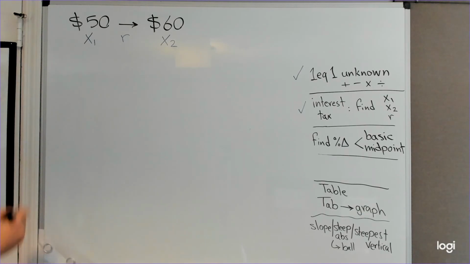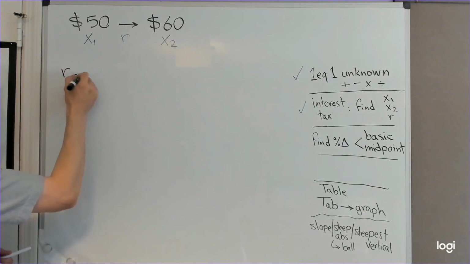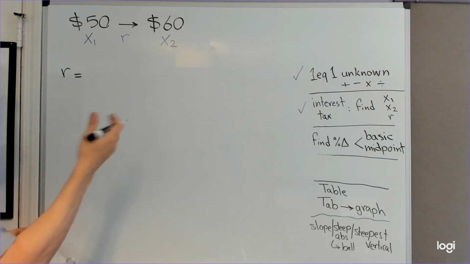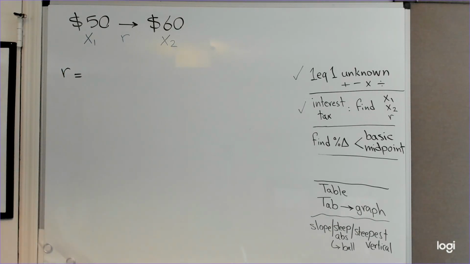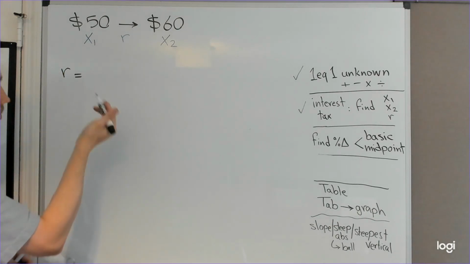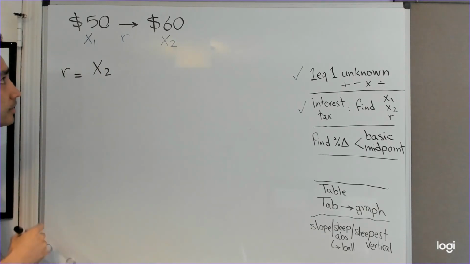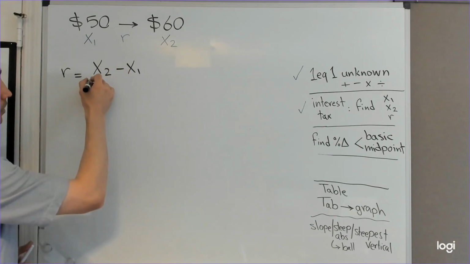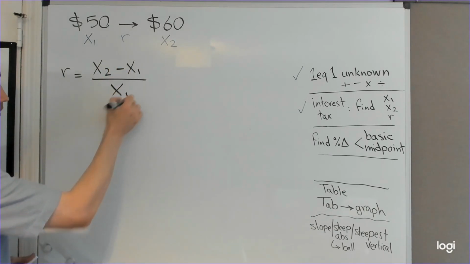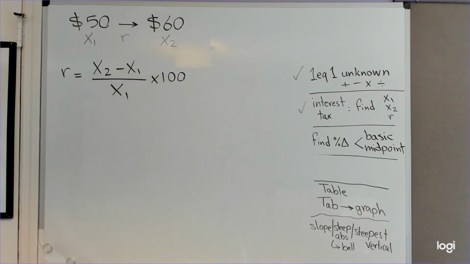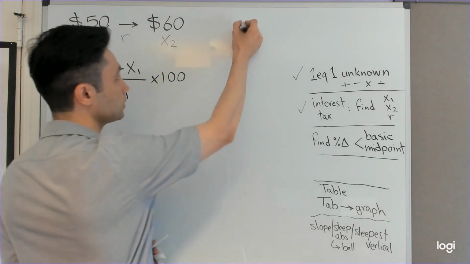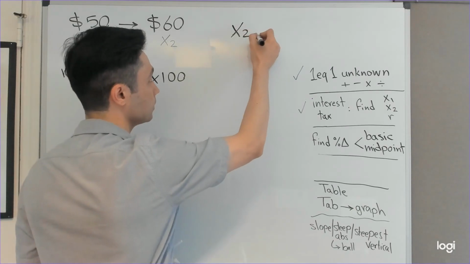To find the percentage change, you can use a formula that is basically the previous formula that we used for interest rates, but put in a slightly different structure. The percentage increase is the ending value minus the value in the first period divided by the value in the first period times 100. And believe it or not, this is the same formula that we had before.